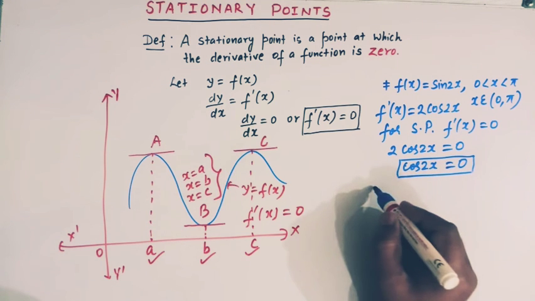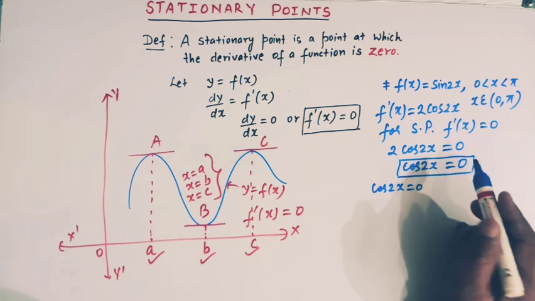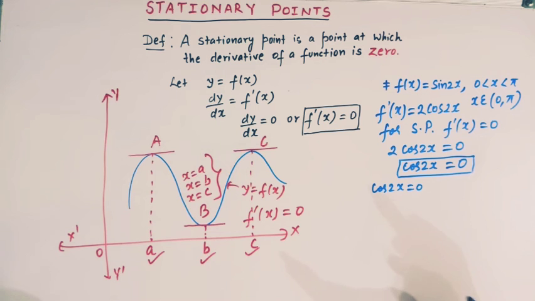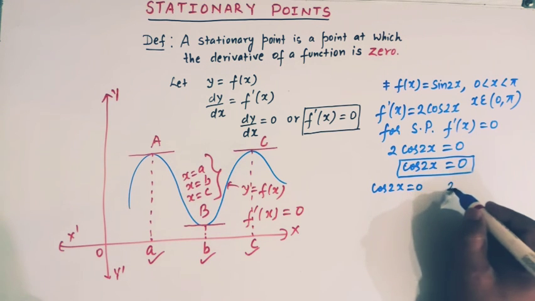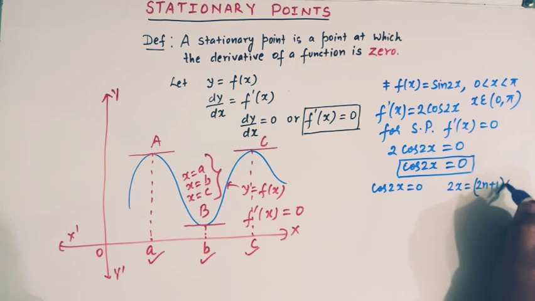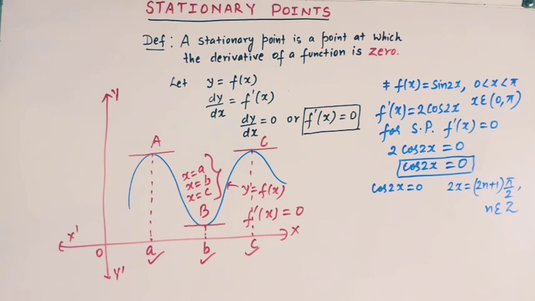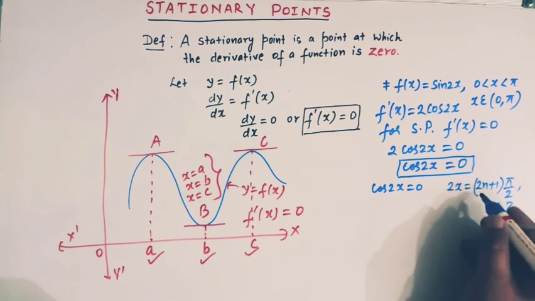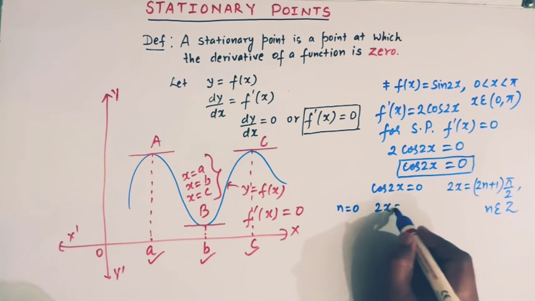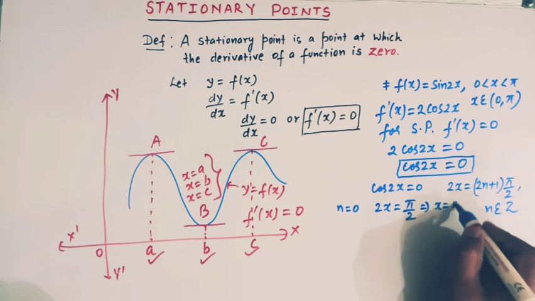So cos 2x is equal to 0 whenever 2x is an odd multiple of pi by 2. It means 2x can be given as (2n plus 1) times pi by 2, where n is some integer. So when n is equal to 0, 2x is equal to pi by 2, and it gives x equal to pi by 4.